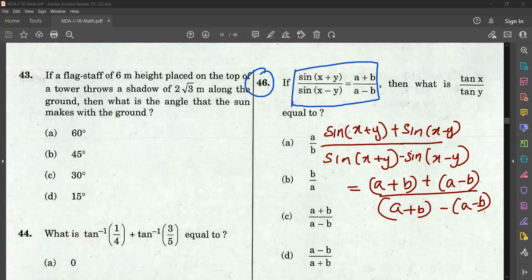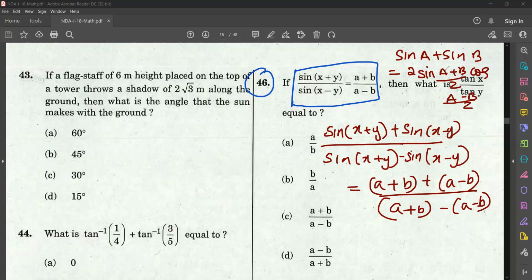Now what is the formula for sine a plus sine b? Sine a plus sine b is equal to 2 sine (a plus b) by 2 cos (a minus b) by 2.